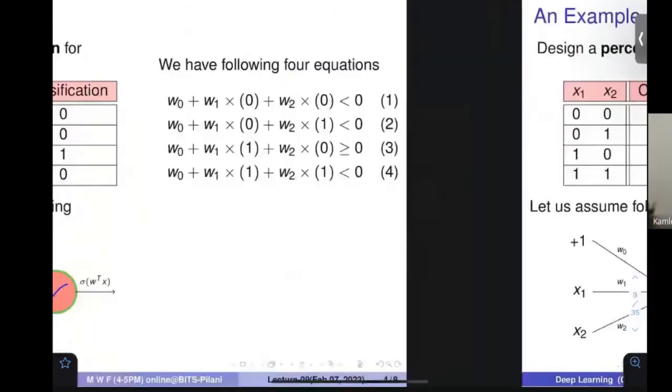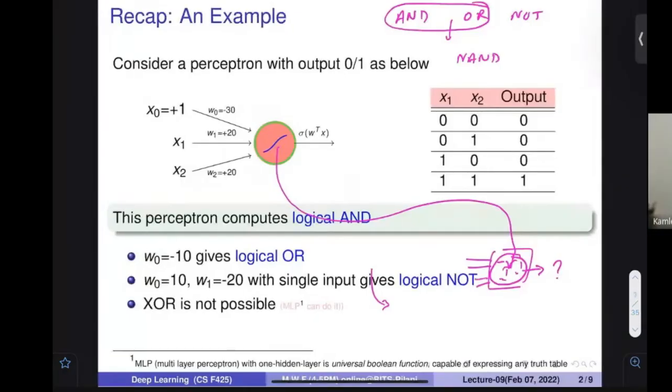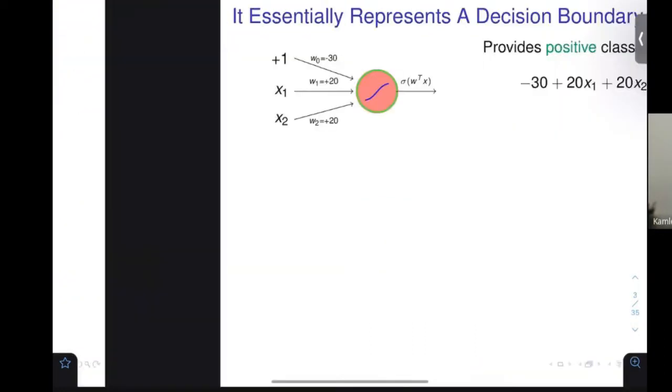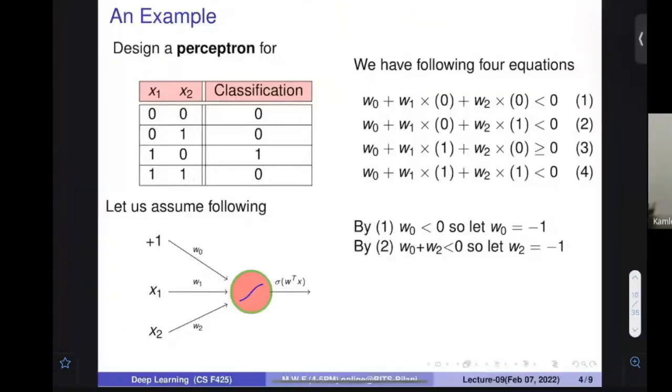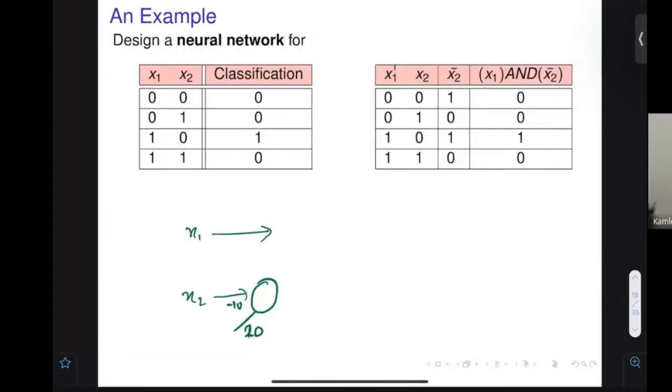Here on this particular slide, we have actually discussed the same thing. Yes, 10 and minus 20. W0 is equal to 10 and this is minus 20. So we can apply the same thing over here without any problem.